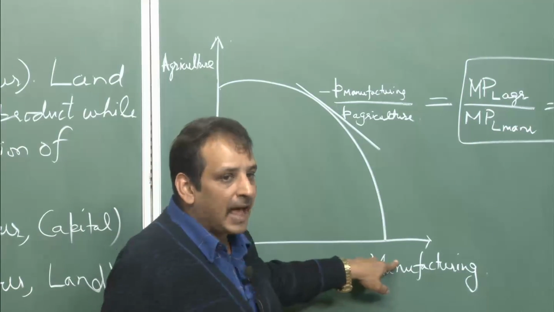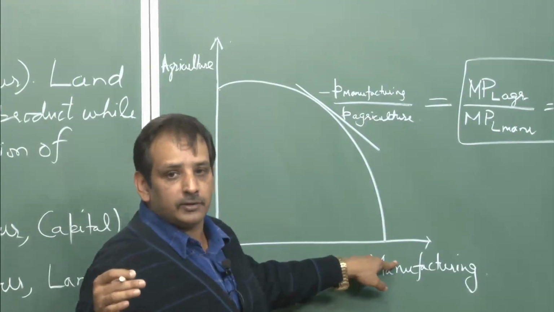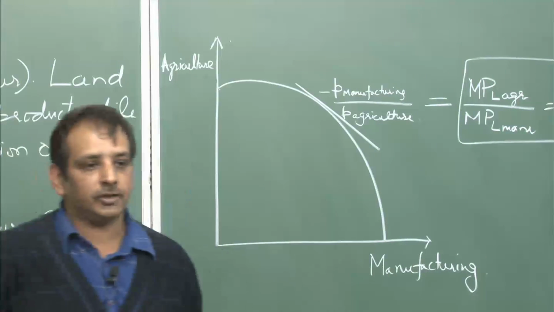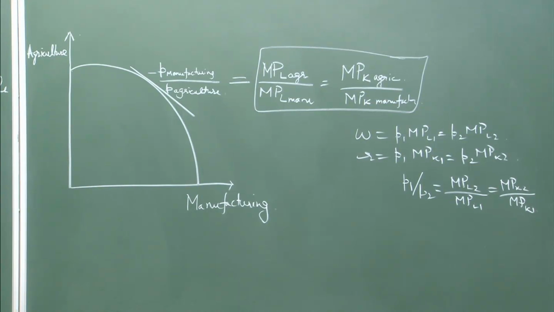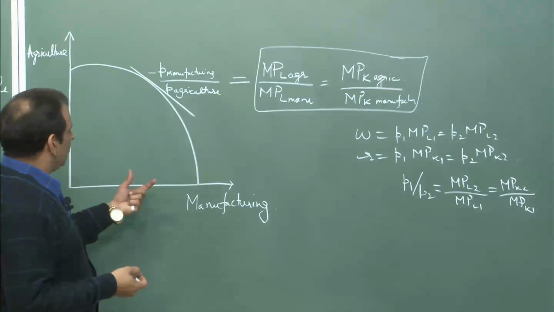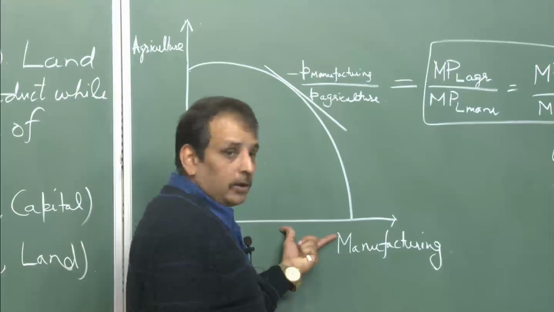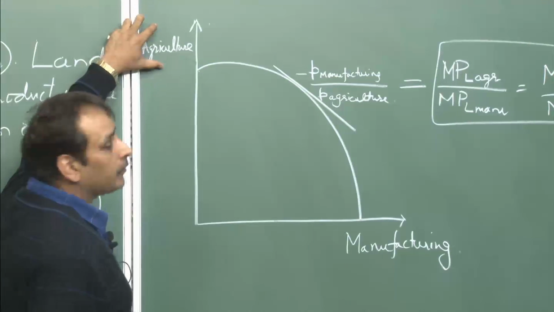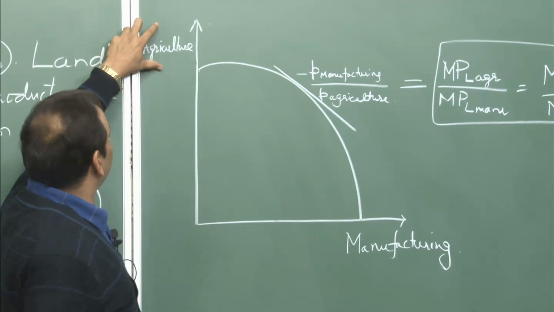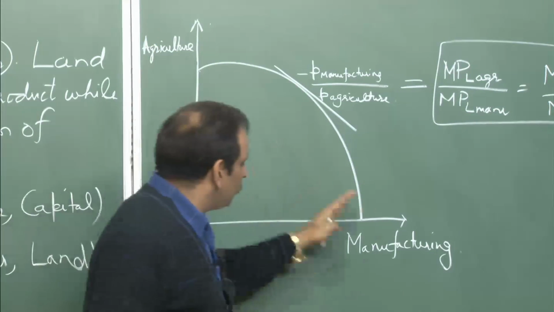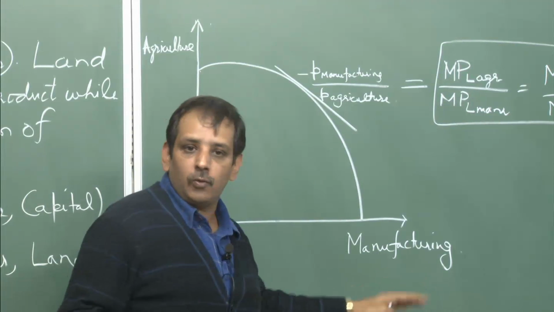Now something happens in the economy, and I will explain what that something is, which leads to an increase in production of manufacturing. When there is an increase in production of manufacturing, it will require more labor, and more labor will be forthcoming from the decline in production of agriculture. Now when the labor moves, you know what happens.